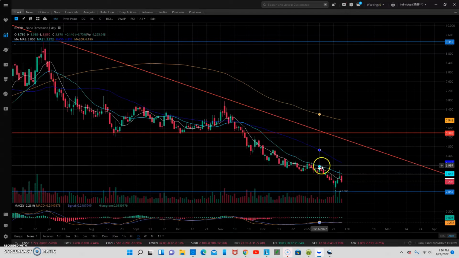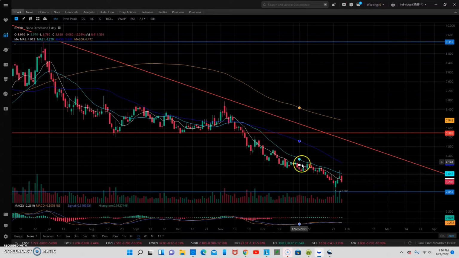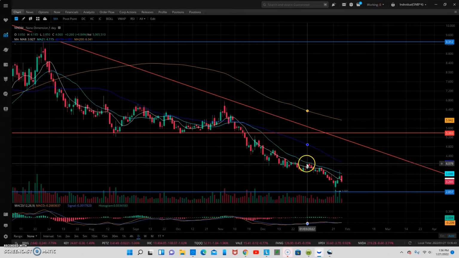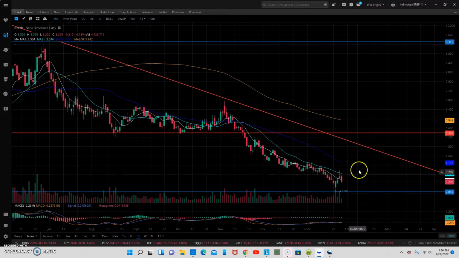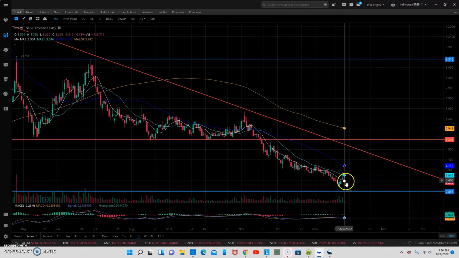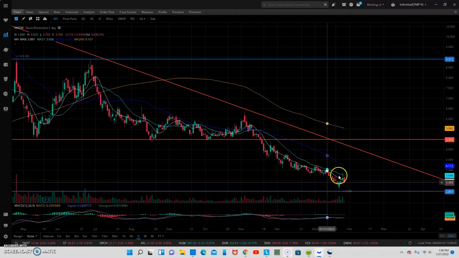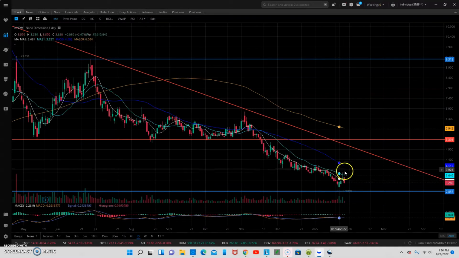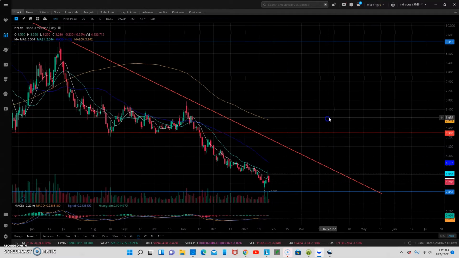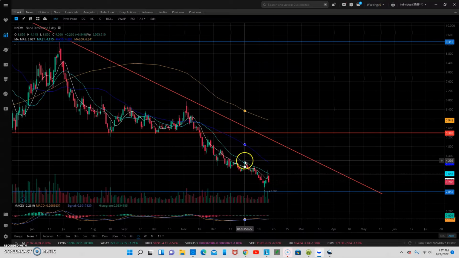The 21-day moving average is also acting as resistance, because if it's not the 8-day, it's the 21-day. So we need to get past the 8-day and the 21-day moving averages if we want to start any type of uptrend here.